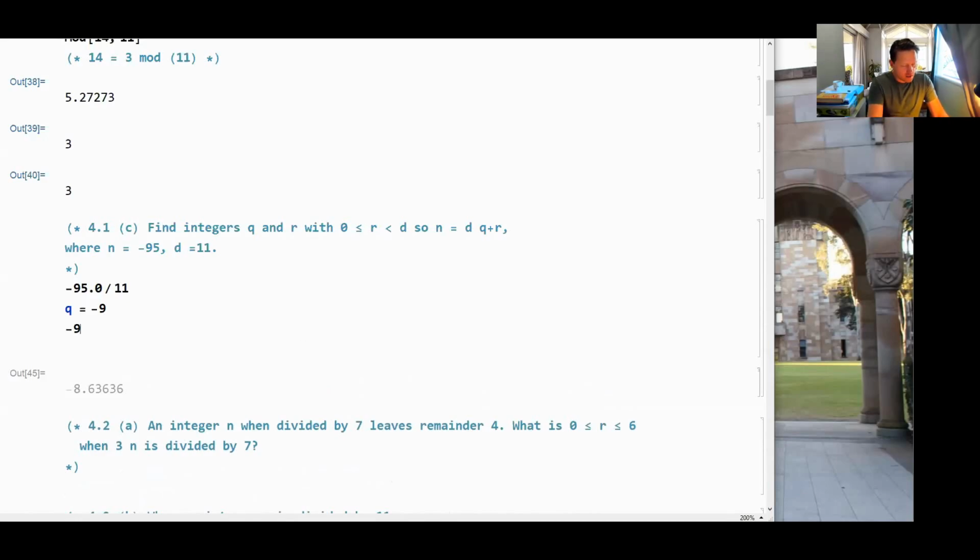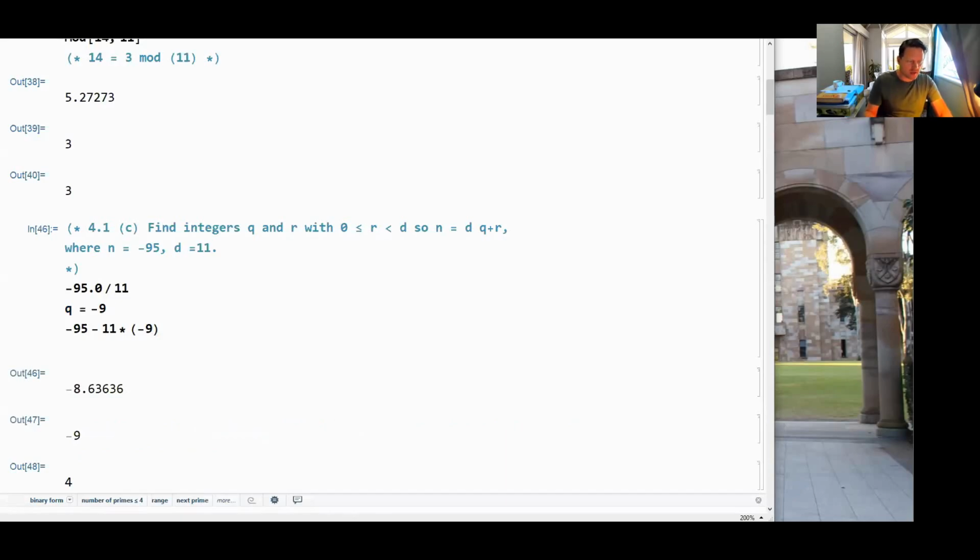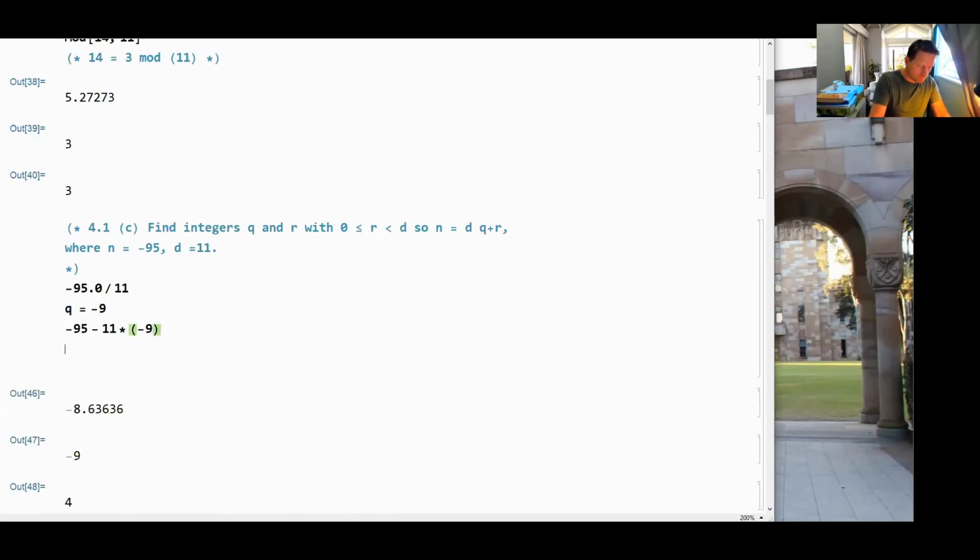So -95, and then remember we subtract dq to get r. So d was 11, so -11 times q, but q is -9. And this should be our remainder. Okay, so remainder 4. Remainder is 4. All good, guys?